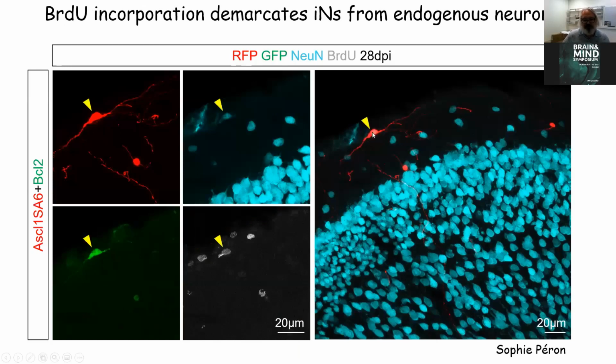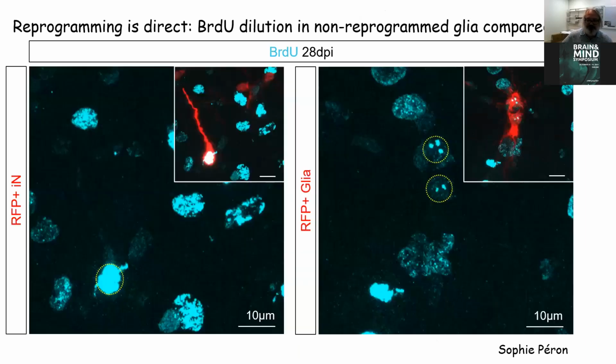So the retrovirus transduced cells are those cells that are incorporating BrdU, and the endogenous neurons at this stage are no longer of any proliferative nature, and therefore also fail to be transduced with the retrovirus.